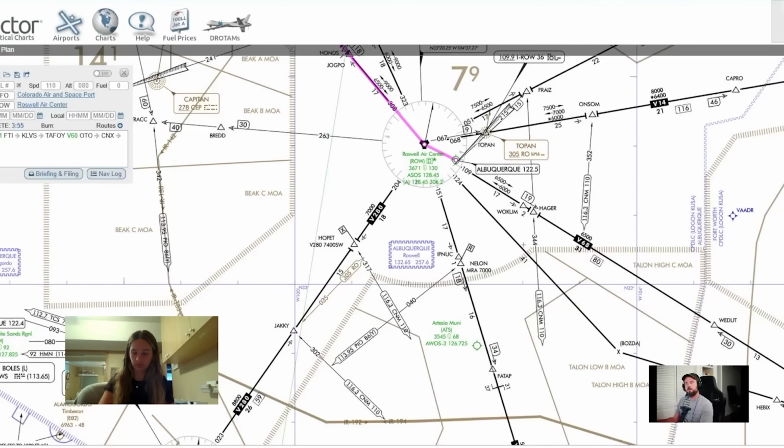Our filed route takes us to CME, or Charlie Mike Echo, which is the last fix on our route, correct? That's correct. Does an approach start from that fix? I'm not sure. Let me check.